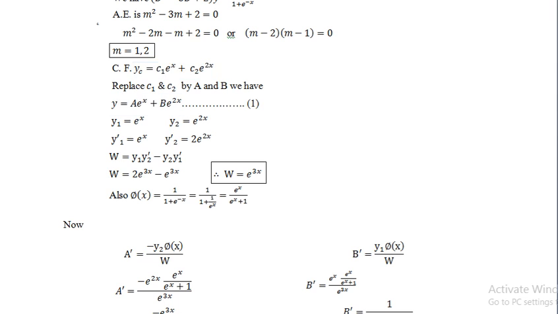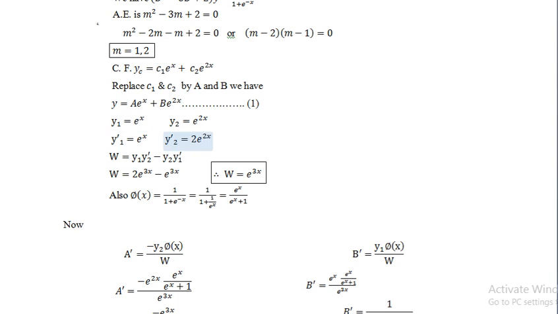Then replace c1, c2, we get equation number 1, and then calculate w. So y1 is e raised to x, y2 is e raised to 2x, differentiation of y1 is y1 dash, and e raised to x differentiates to e raised to x, y2 dash, and differentiation of e raised to 2x is 2 e to the power 2x.